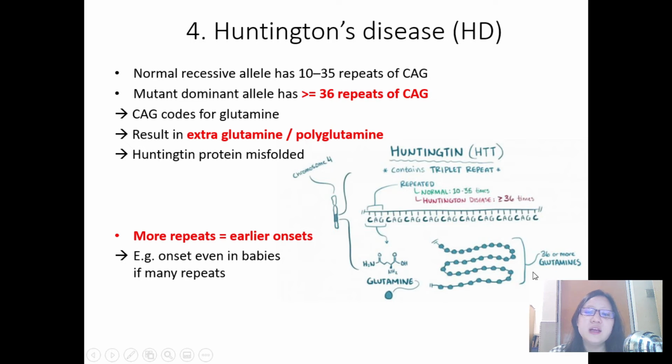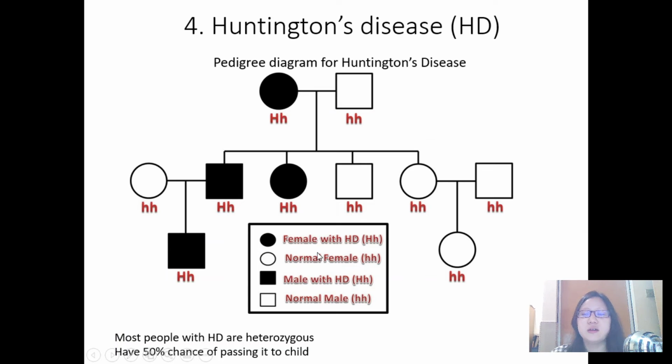So the age where you experience symptoms might even be in babies. That's crazy. The more repeats of CAG, the more serious, and the shorter the lifespan of the person.